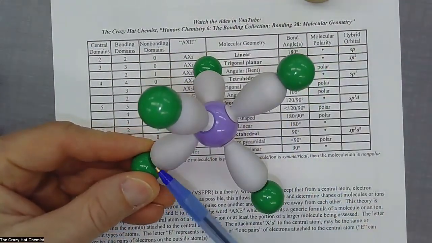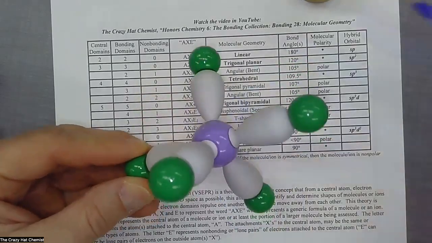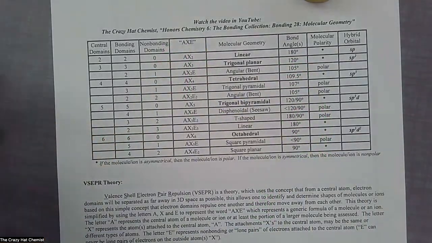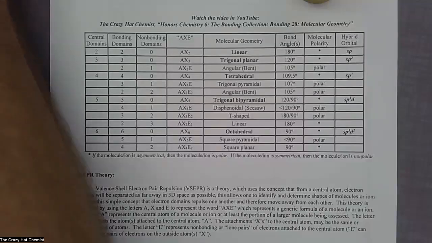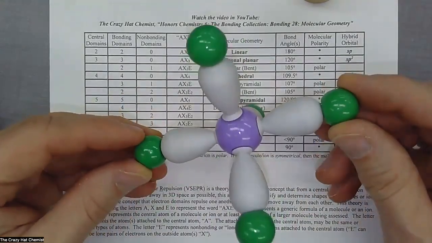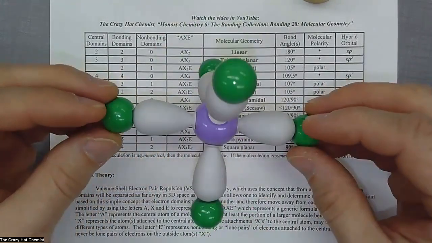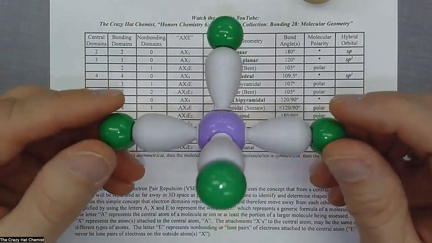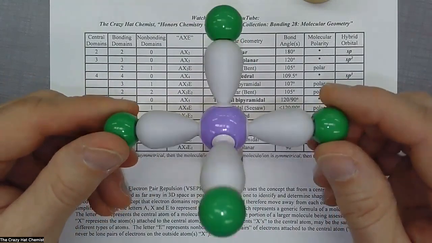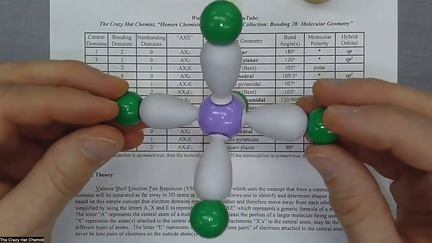They all have sp3d hybridization. So it's critical that you understand the hybridization on these. And if all the green ones are the same, then this is non-polar. But as I mentioned before, there are some of these that are polar.